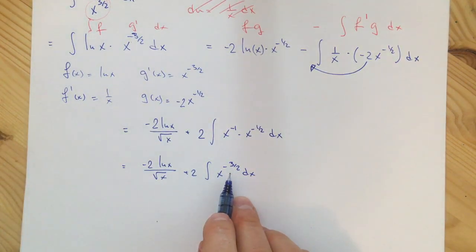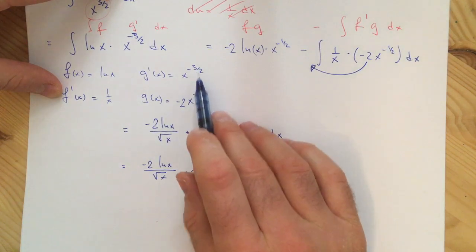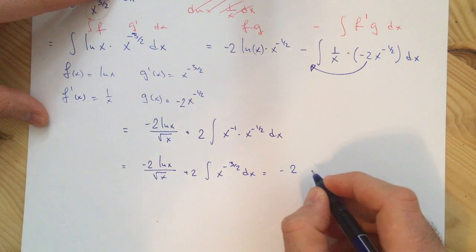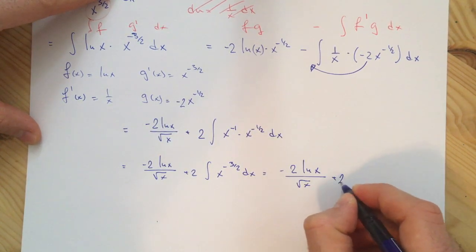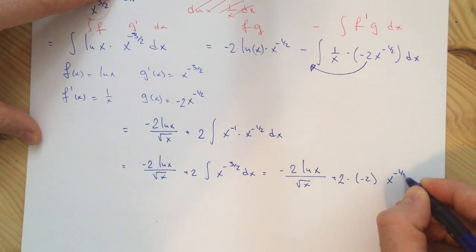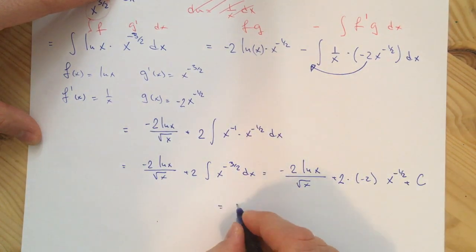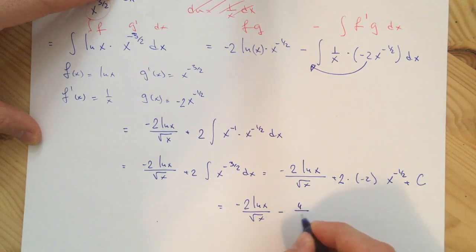The first rule that we learned about integrals in Cal 1. And as I said, we already evaluated that integral right here. So the answer is negative 2 ln of x over square root of x plus 2 times negative 2 times x to power negative 1/2 plus c, or that's negative 2 ln of x over square root of x minus 4 over square root of x, plus c.